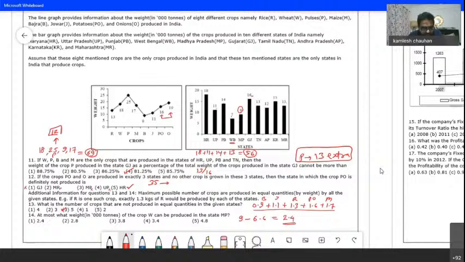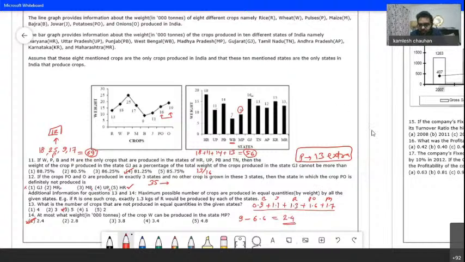So maximum we can grow 2.4 kg tons, 1000 tons of W in MP. Because W is now out of that range. After M, B J R P O M is done. Now whether we take W or P, it makes no difference. Everyone clear? So maximum we can have 2.4 of MP. So we can do 5.